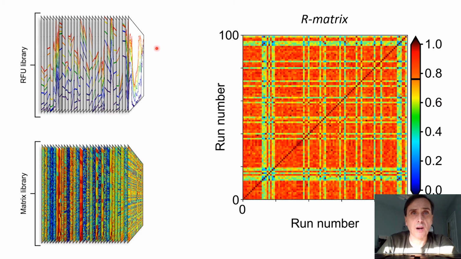And to benchmark this, we generated a library of 30 different subsections of data, as shown on the first slide, subjected all of these to optimization, and then this could generate a library of these correlation matrices as shown here.